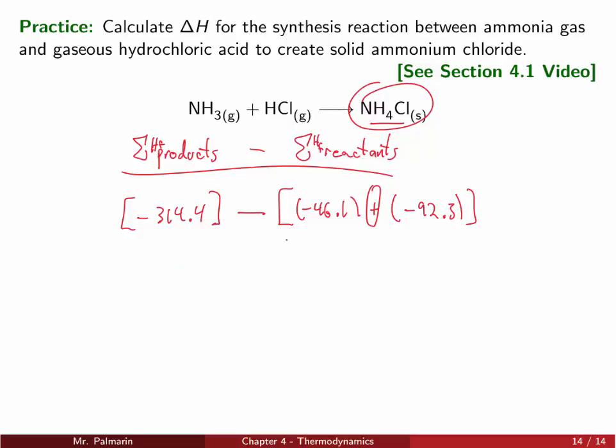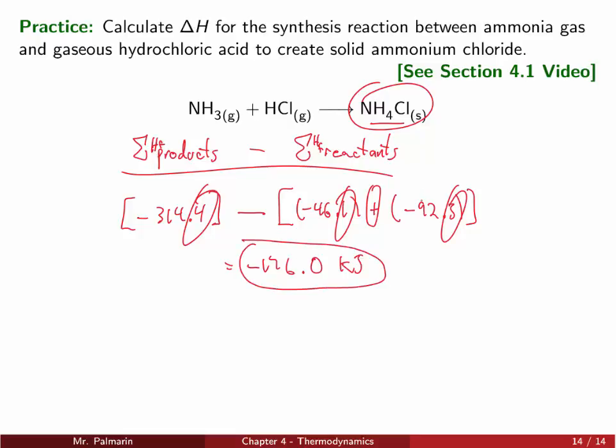Negative 314.4 minus, if you have a display calculator or a Texas Instrument, you're going to press brackets here, negative 46.1 minus 92.3. This comes out to be negative 176.0. Remember, we're adding and subtracting, so we're taking decimal places, which is to 1 decimal place. And the unit is kilojoules.